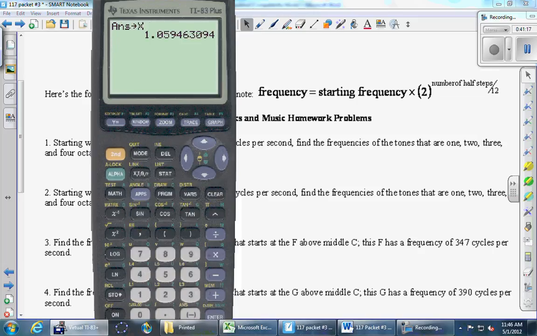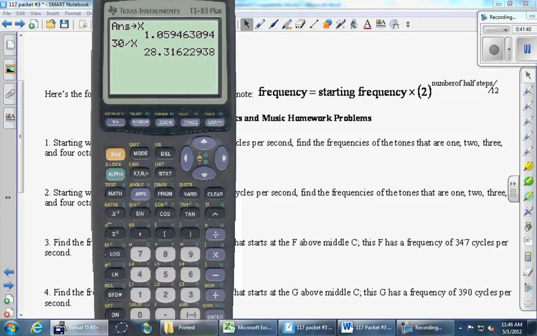So that's just calling it X. If you multiply by X, you will get the frequency of the next note. What I'm trying to do is divide by X to find out how long I need to make this thing. Turns out that if the whole string is 30 inches, then for the very next note, I need to put my finger at 28.3 inches, right here near the top of the 30 inches.